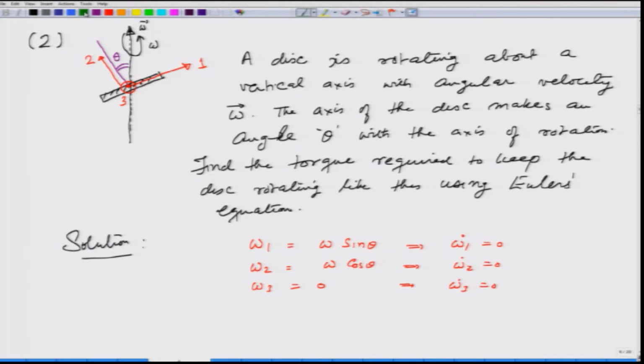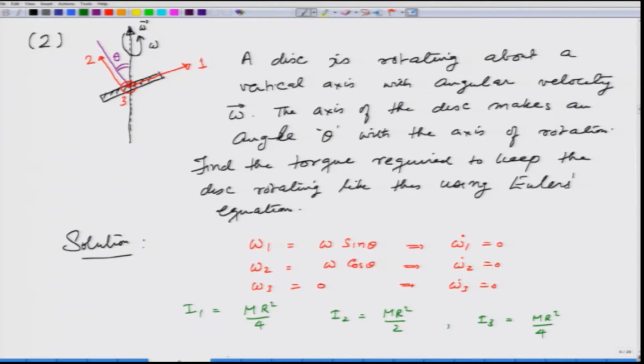In the same manner, I1 is the moment of inertia about one of the diameters, and this is going to be m r square by 4. I2 is the moment of inertia about the axis of the disc, and this is m r square by 2, and I3 is again moment of inertia about one of the diameters, and this is m r square by 4.